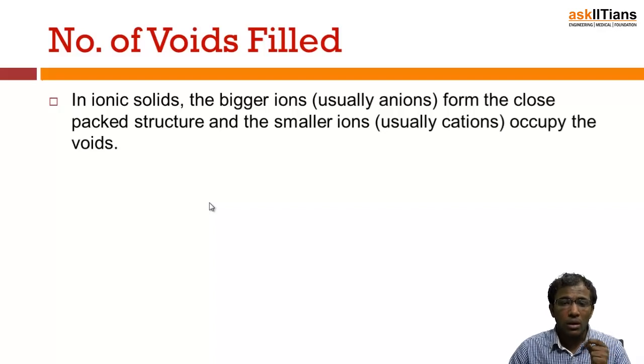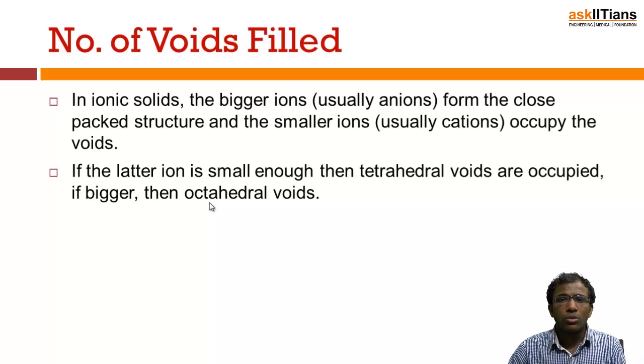They occupy the tetrahedral voids or the octahedral voids. If the latter ion is small enough, then tetrahedral voids are occupied. If bigger, then octahedral voids are occupied.